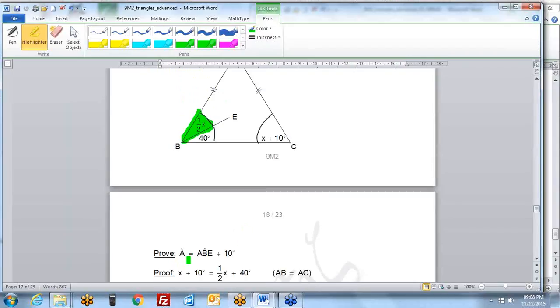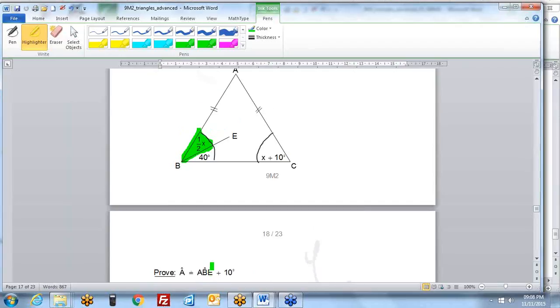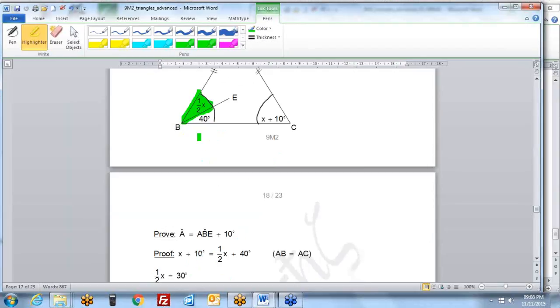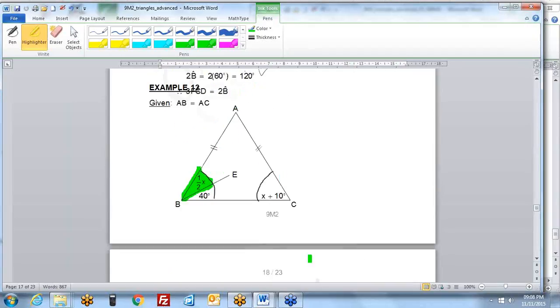So prove, therefore, x plus 10, in other words, this angle over here, is equal to this angle over here of x plus 40, because AB equals AC.